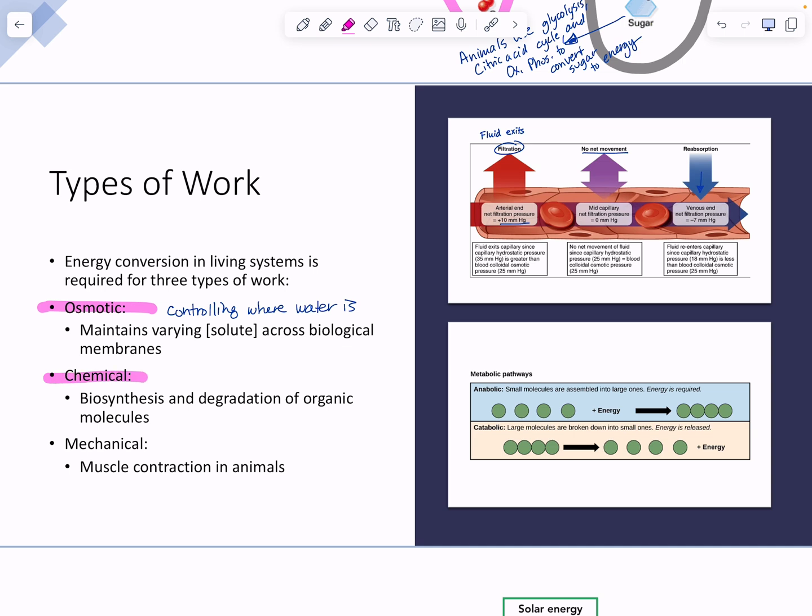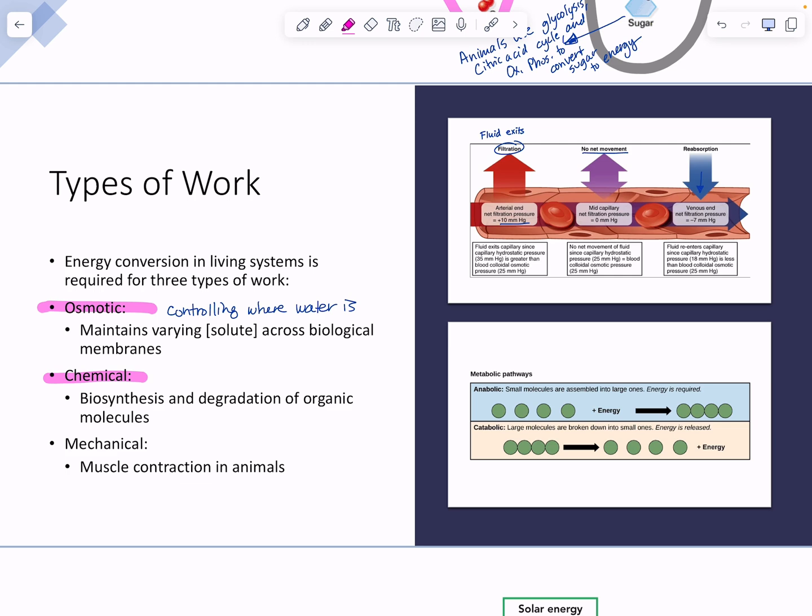So we are making molecules and degrading molecules all of the time in cells, right? And that takes energy. There's two types of pathways in metabolism.